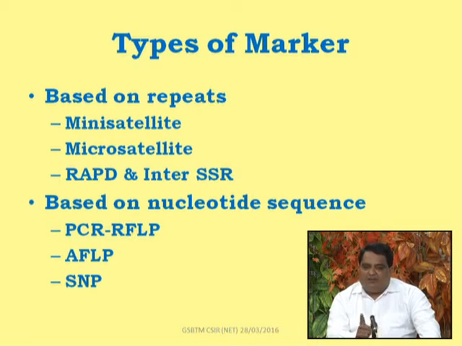Microsatellites are 1 to 6 base pair continuous repeat sequences like T, AT, ATG, ATC, and so on, and inter-SSR markers. Nucleotide sequence markers, as I said RFLP, are also called hybridization markers. It can be used for mapping of the genome at large scale.